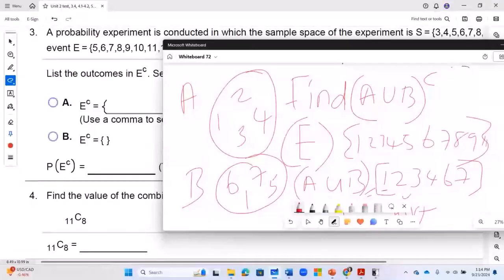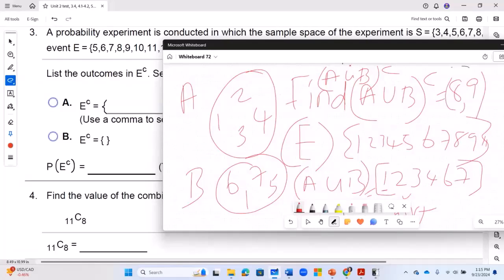So A union B complement will be everything that is not in A union B but is in the universal set. Is there anything in the universal set that is not in A union B? Yes, there are 8 and 9, the complement.